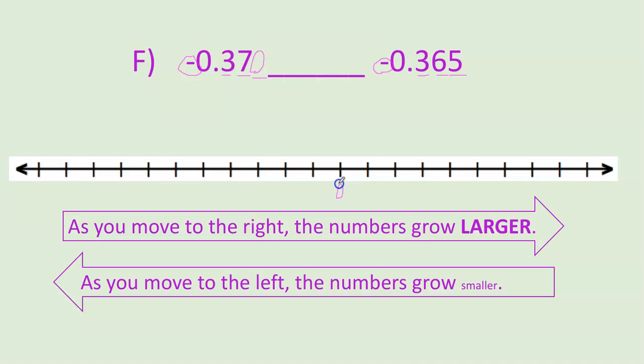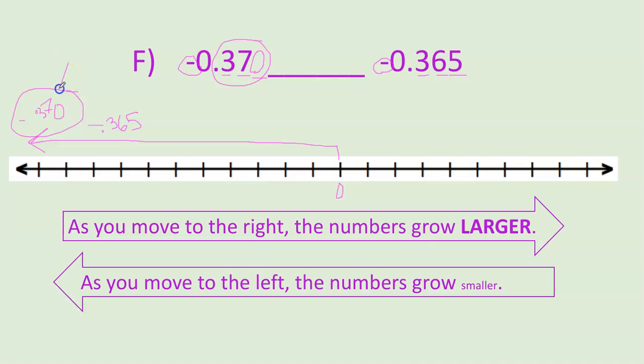But the tricky thing here is that this is a greater amount, so it's a greater negative. So it's going to take me further to the left, this 0.370, than 0.365. So if this moves over 370, this one only moves over 365. So this one is more negative.